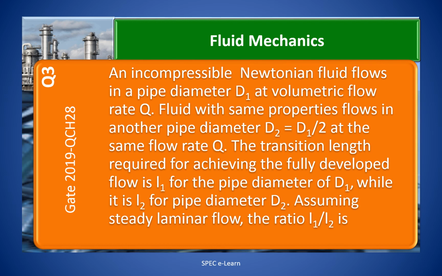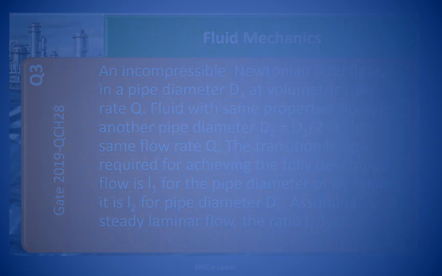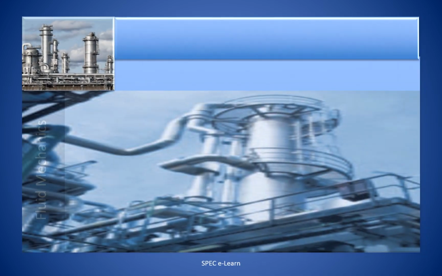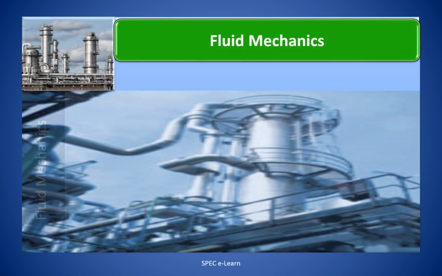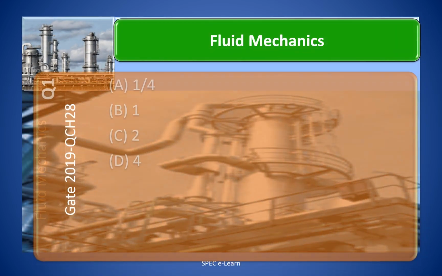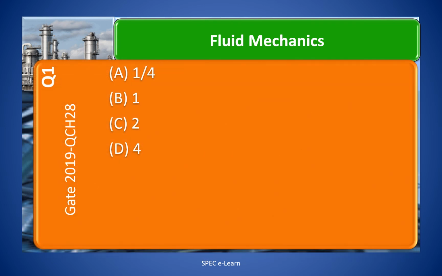Assuming steady laminar flow, the ratio L1 by L2 is: option A 1 by 4, option B 1, option C 2, option D 4.